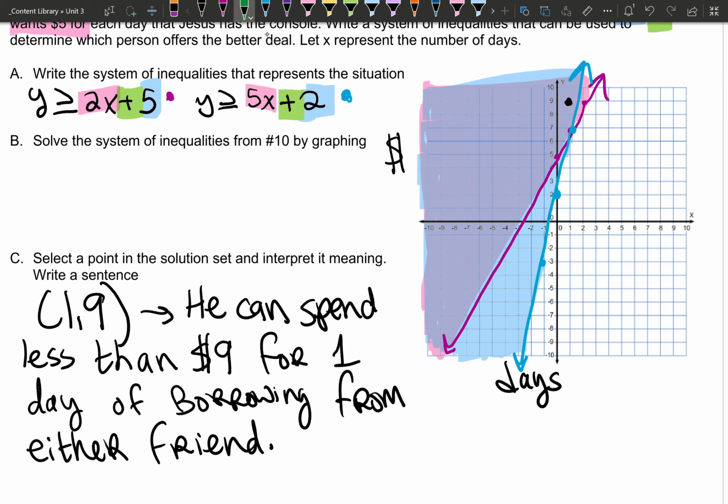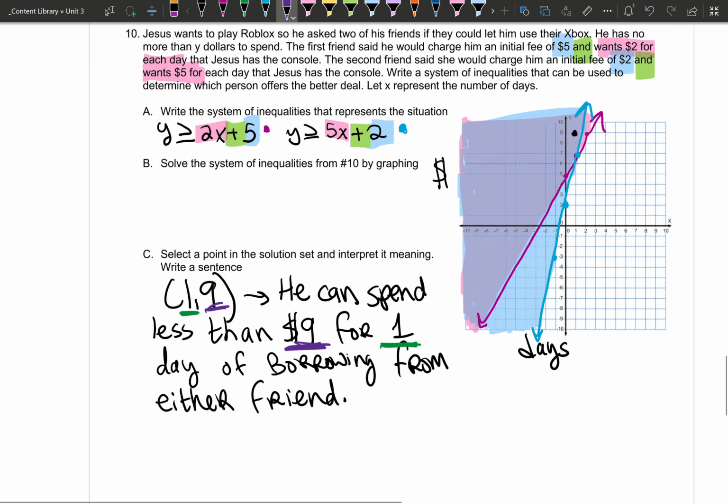Just like before, our X's represent the days, the independent value, and the Y's represent the money, the dependent value. Okay. I hope this was helpful.